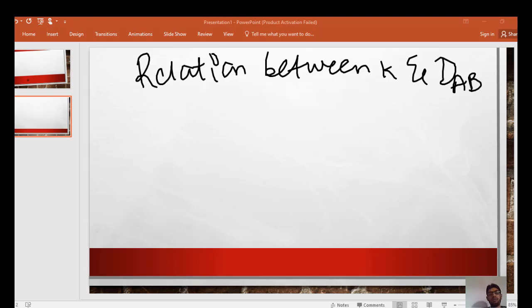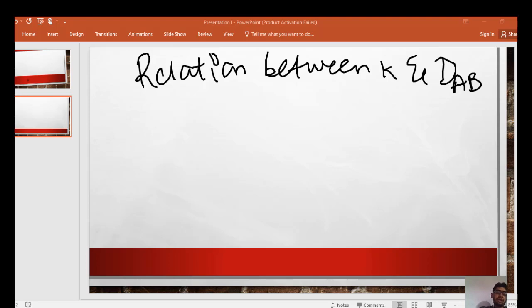From the two film theory, we said that there are two films, the stationary gas film and the stationary liquid film. The solute was transferred through the stationary gas film, then it passed through the stationary liquid film. We said that at the interface there is no resistance to the mass transfer, so there is a steady state process.